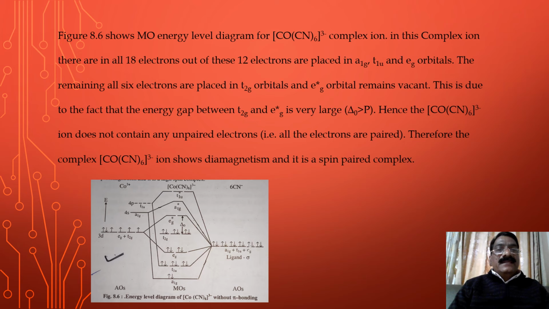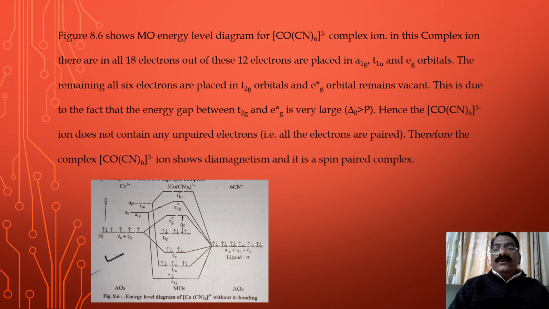The remaining 6 electrons are placed in t2g orbitals. This is due to the fact that the energy gap between t2g and eg* is very large. All the 6 electrons are accommodated in t2g orbitals and eg* orbitals remain vacant.